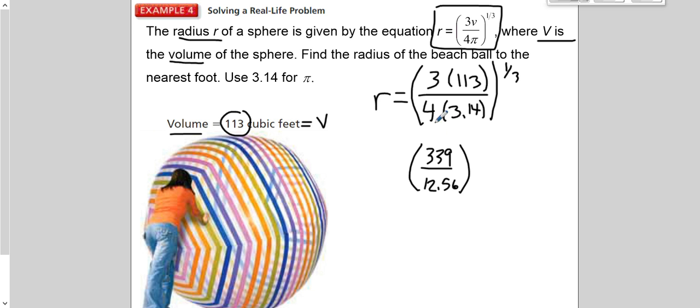Three times 113, 4 times 3.14, wrote that down. We're going to divide these two. We don't want to do any rounding before we really have to.